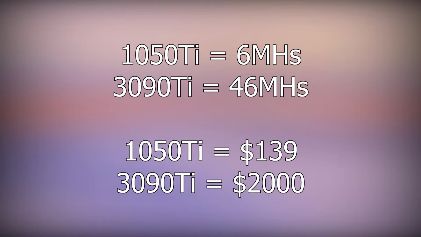This in theory means that if you bought 14 of the 1050 Ti's at launch, they would make more revenue than the 3090 Ti does to this day, which is crazy in terms of mining. Obviously they wouldn't be as efficient, but it still goes to show that these old cards aren't worthless and still bring in coins and profits.